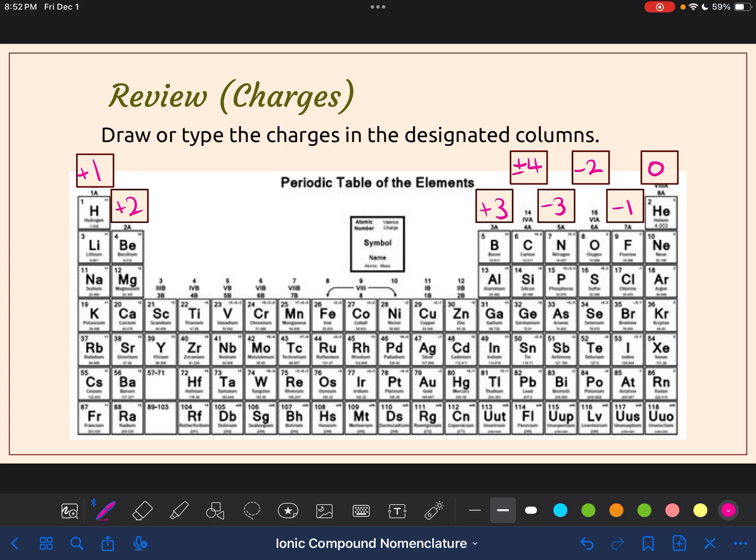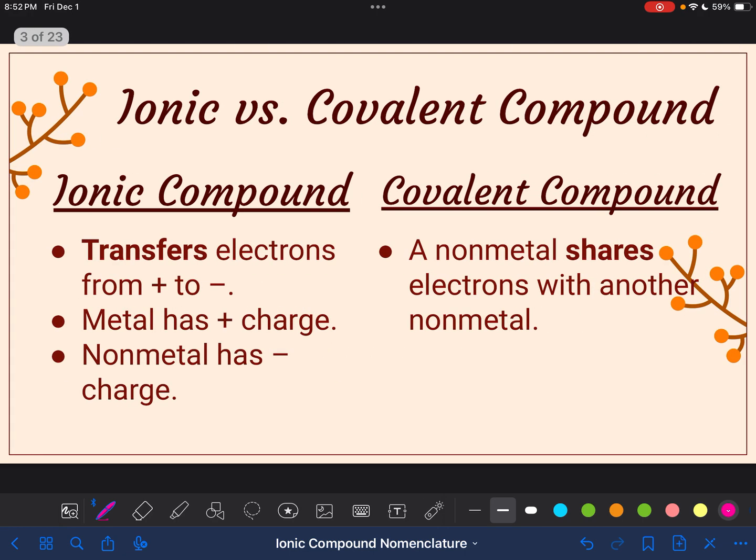Okay, all right. A couple notes we need to know before we talk about ionic compounds is the difference between ionic and covalent compounds. Ionic means electrons are transferred from positive to negative charge. So the key word of ionic compound is transfer. Now, the positive charge is the metal.